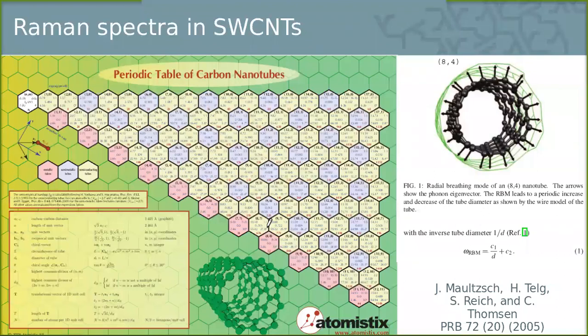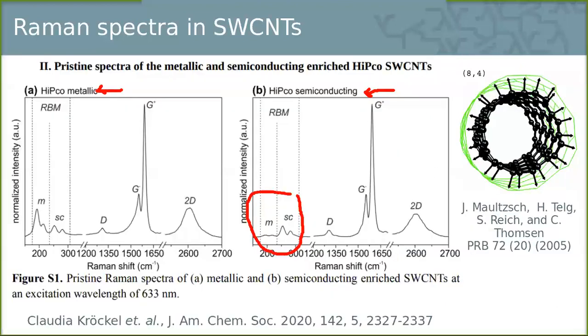How do you identify if it's a metallic or a semiconducting carbon nanotube? Extremely simple. You can basically take the position of this peak.